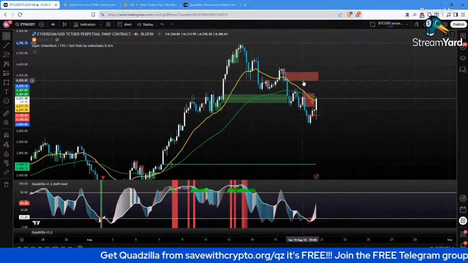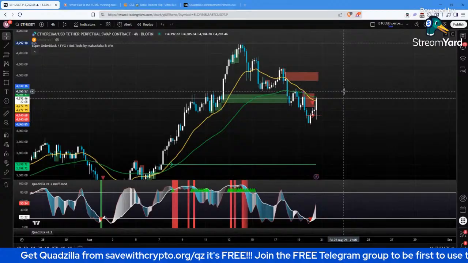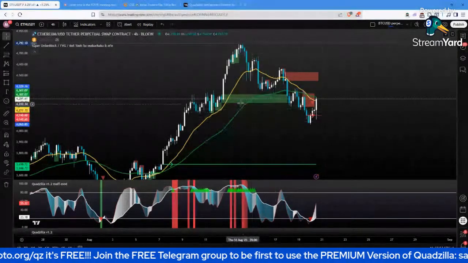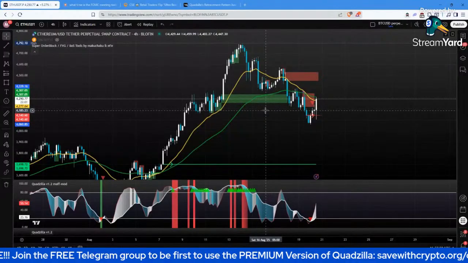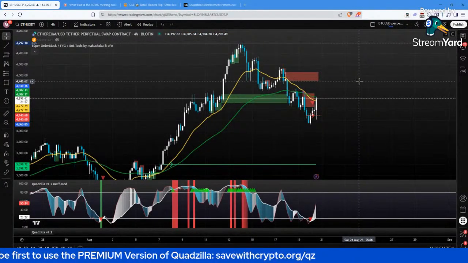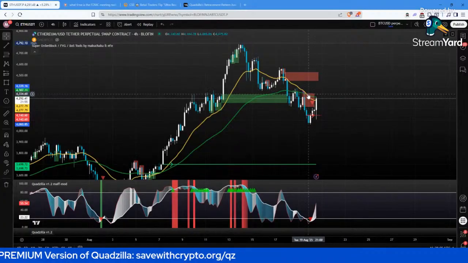What we've got here is fair value gaps, and that looks like it's probably an order block, I think, just there. So it's working its way up through this.